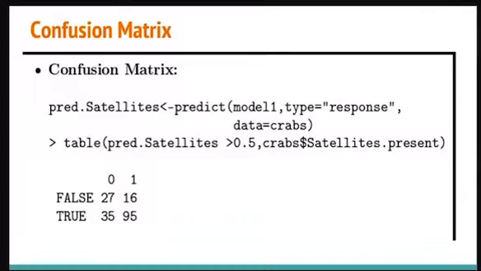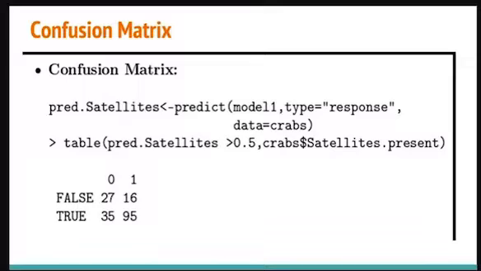When we are dealing with a classification problem, where the response variable is categorical, how do we investigate whether our chosen model is really doing great? We need to compute what I call a confusion matrix.